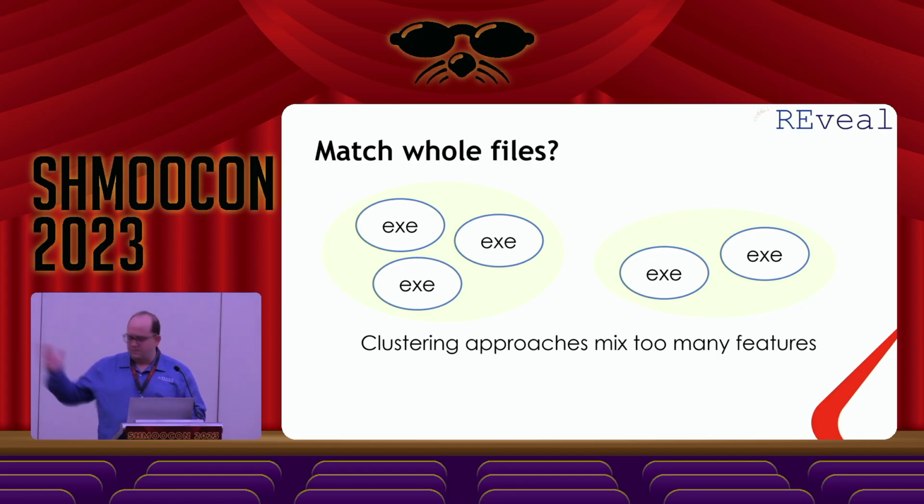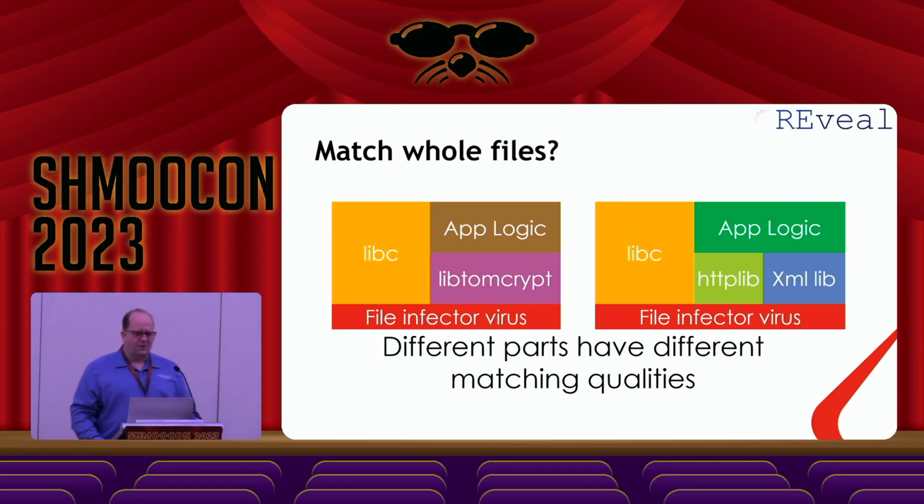And if one executable was your malware, in theory it would be clustered and grouped with other instances of that malware. However, in whole files, there are many different components. You may have a file infector virus at the end, or the malware may be the main app logic, and it may be tiny compared to all the other libraries and other things inside the file.